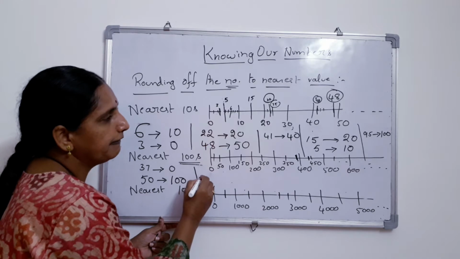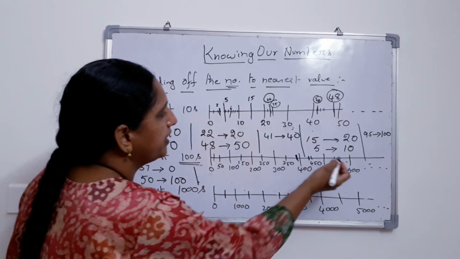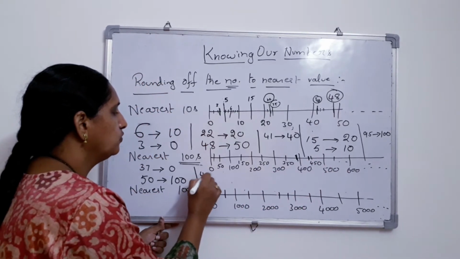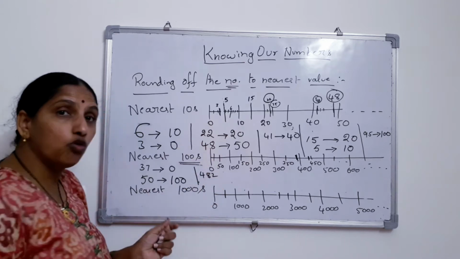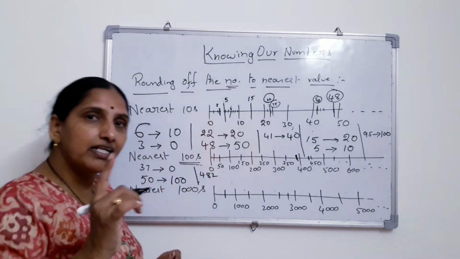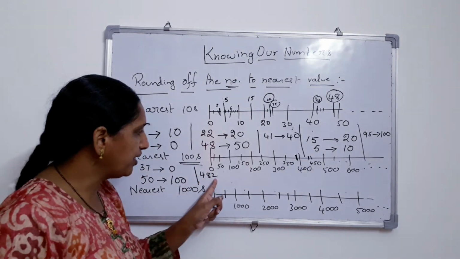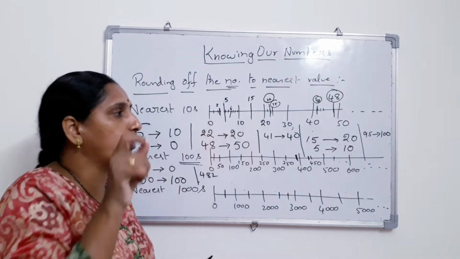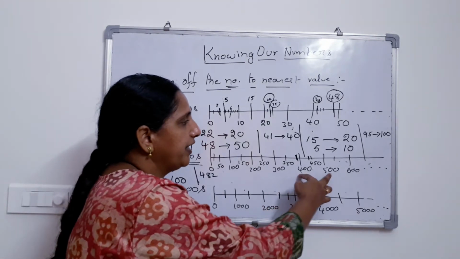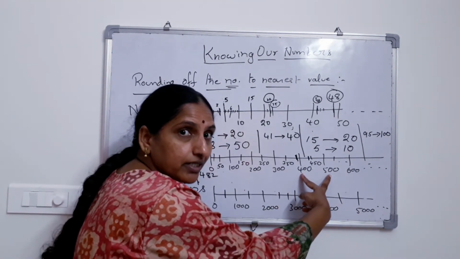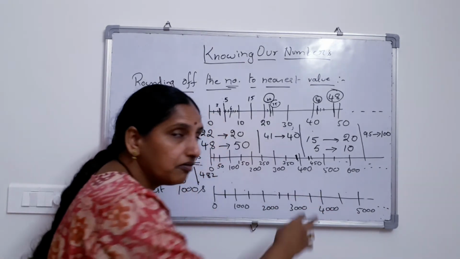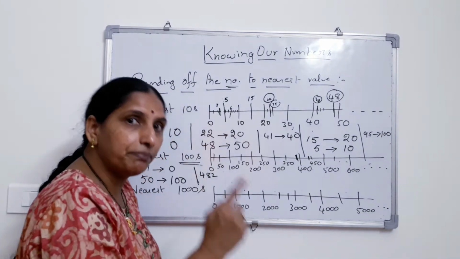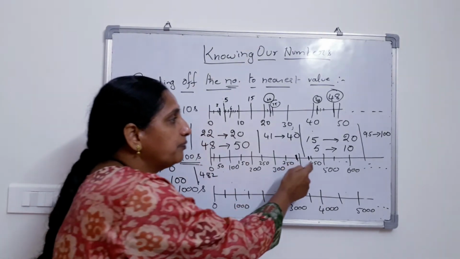Suppose I am taking 482. Where does this fall first? Greater than 400, less than 500, means it is between 400 and 500. Now, the first step is done. The second step is comparing with the midpoint.